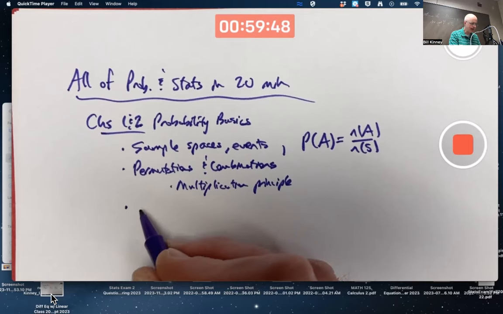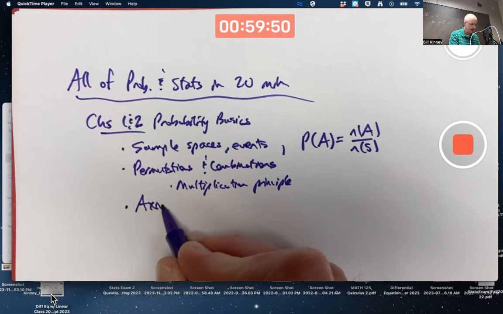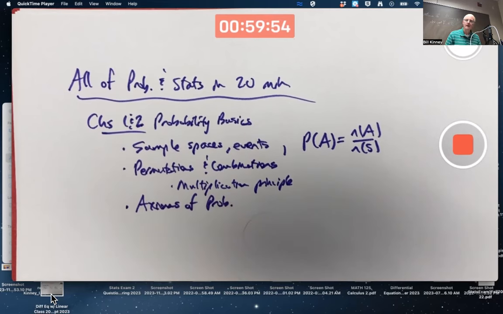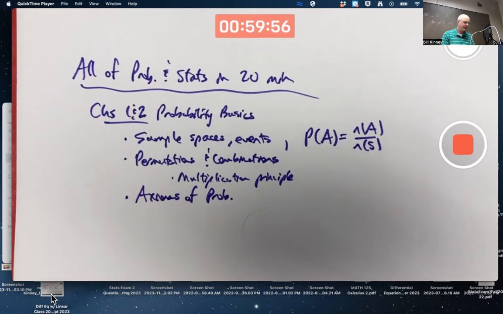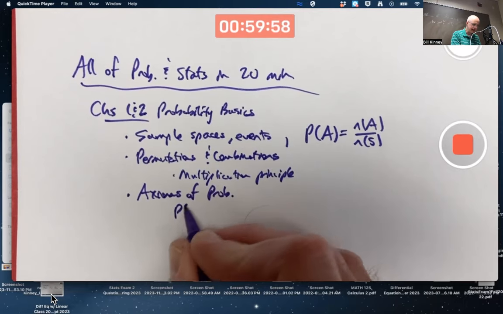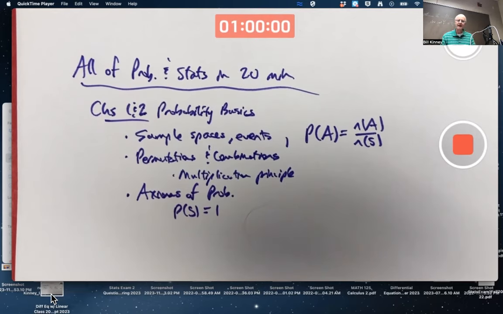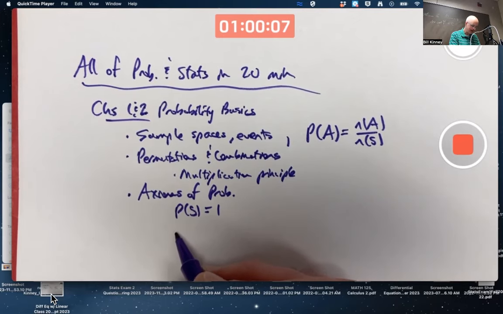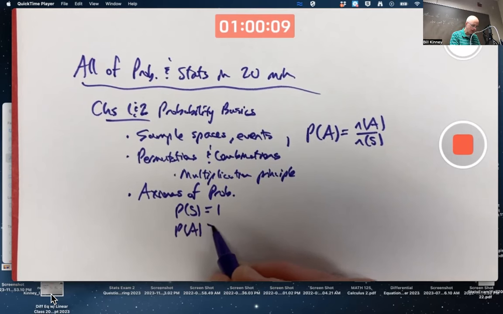Into chapter 2, we have the axioms of probability. Which included, for example, the fact that the probability of the sample space occurring is 1. In other words, something has to happen. Guaranteed. You also had the fact that probabilities of any event are always non-negative.